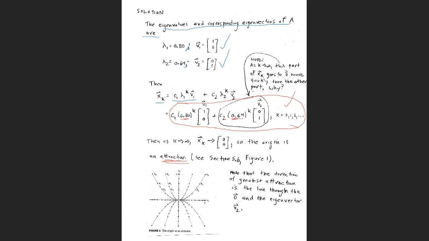But this second part here, as k goes to infinity, this part goes to 0 more quickly than the first part. Why is that? Why does this part of x sub k go to 0 more quickly?